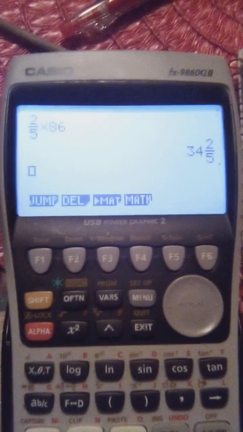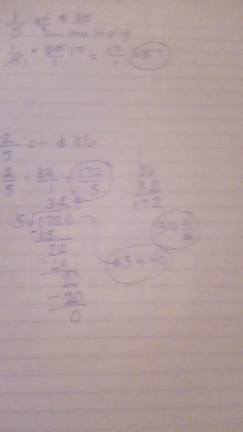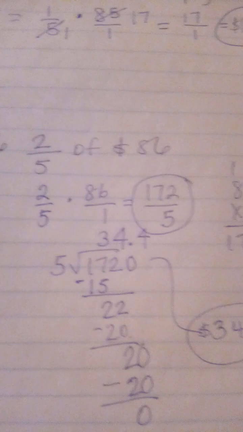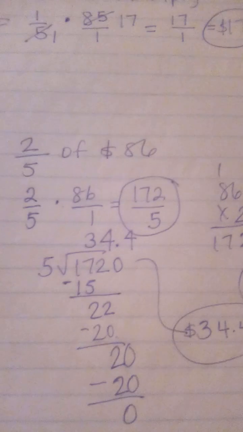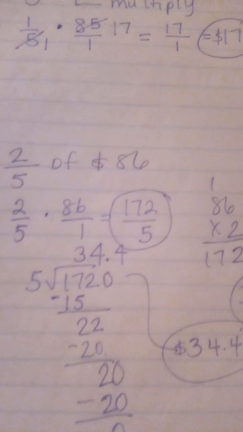Okay? There you have it. So we have everything together. We take the 2/5 times 86. Make sure you put 86 over 1. And then you reduce or cancel out terms.